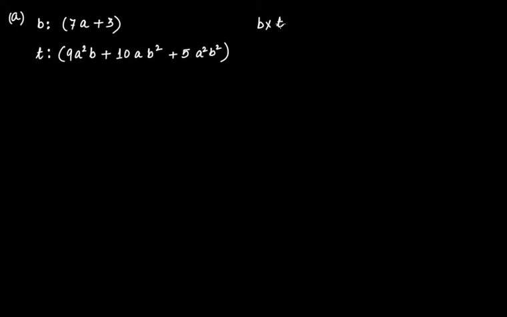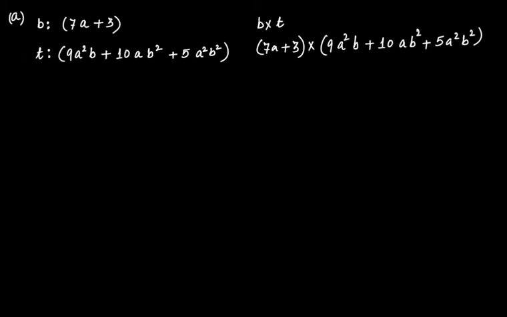So in this case, it's actually 7a plus 3 multiplied by 9a squared b plus 10ab squared plus 5a squared b squared. Now it's exactly similar to multiplication of a binomial by a binomial or a monomial by a binomial.